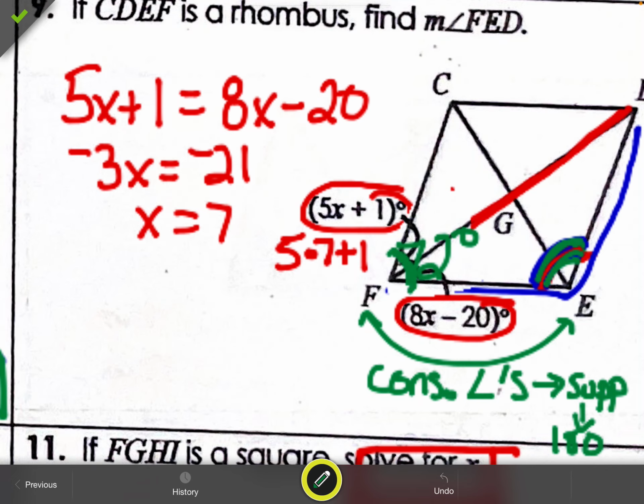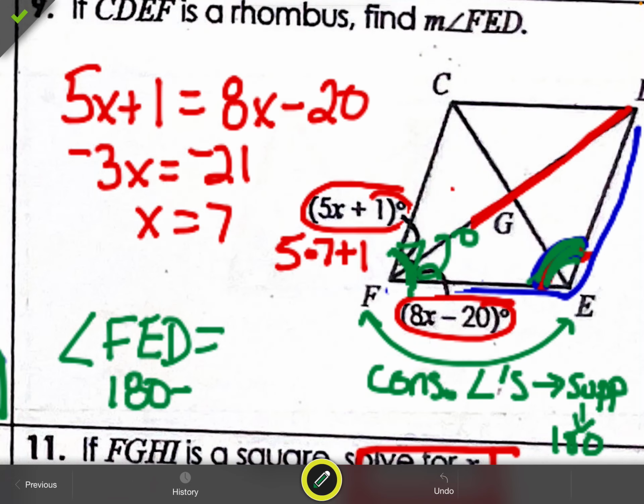So if I know this whole corner is 72, because I did 36 plus 36, then to get the angle FED, which is that whole corner, they're supplementary. So 180 minus 72, and so this whole corner is 104.